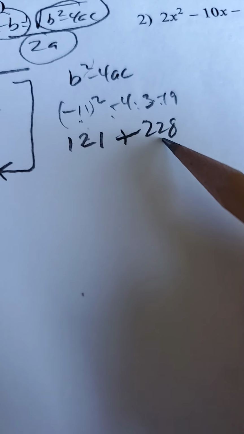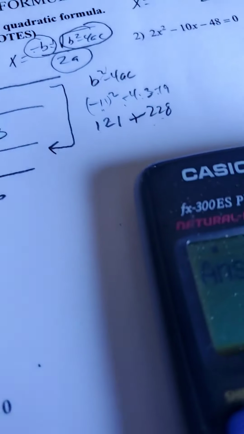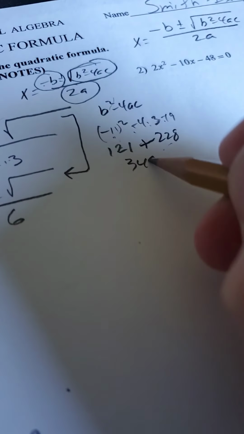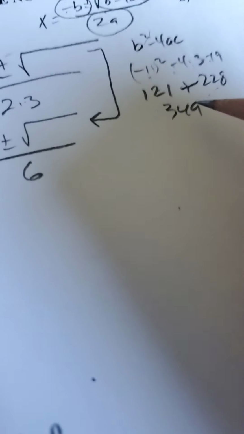And then, remember negative times negative is positive, so I add these together. So 228 plus 121 equals 349.